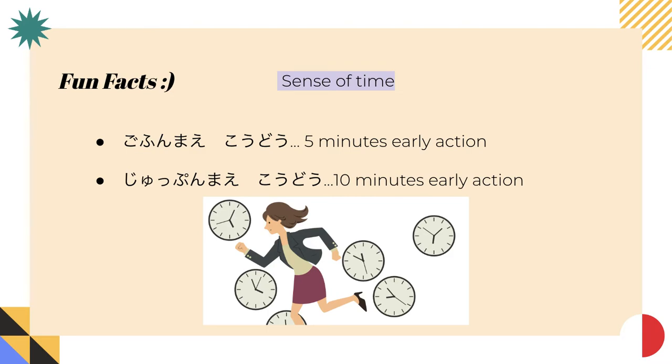So let's say if you promised that you're going to meet your friend at 11 a.m., everyone would try to get there by 10:55 or 10:50 to be on time. We were taught that it's better to be a little bit ahead of schedule when you're meeting someone.